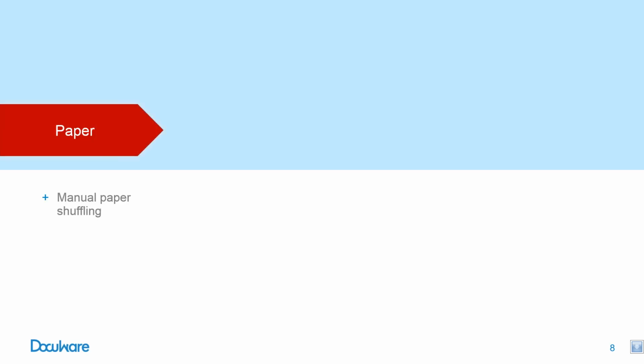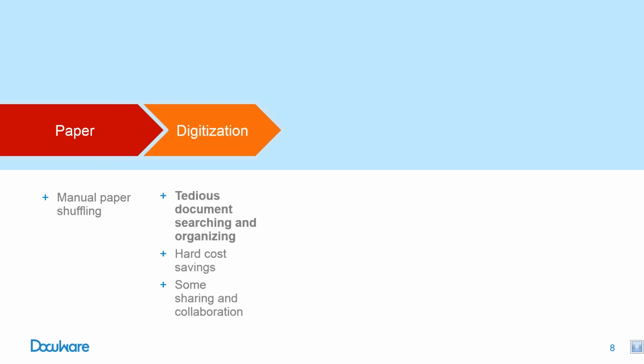Let's take a step back and examine the journey to become a digital business leader, from the manual laggard to agile leader. The manual laggards are still using paper, but as they become more progressive, they realize the hard cost savings of digitized documents.